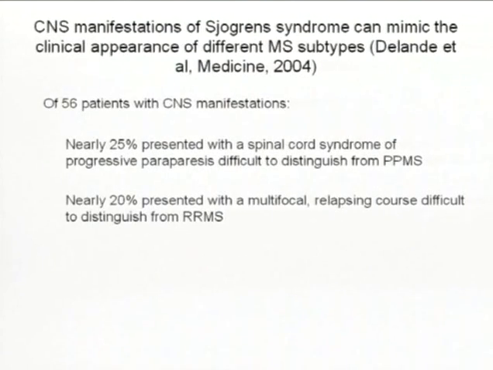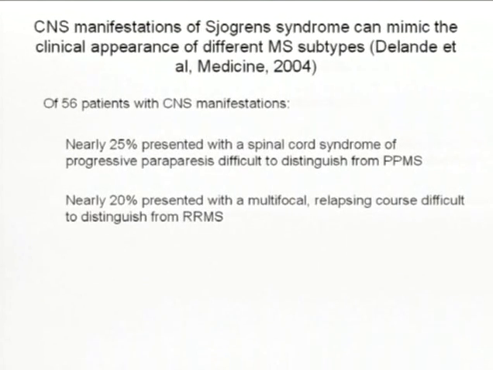The CNS manifestations of Sjogren's syndrome are fascinating because clinically they could be very, very difficult to tease apart from MS. So Delalande published a study in Medicine, and he found that of neurological Sjogren's syndrome, 60% had central nervous system manifestations.